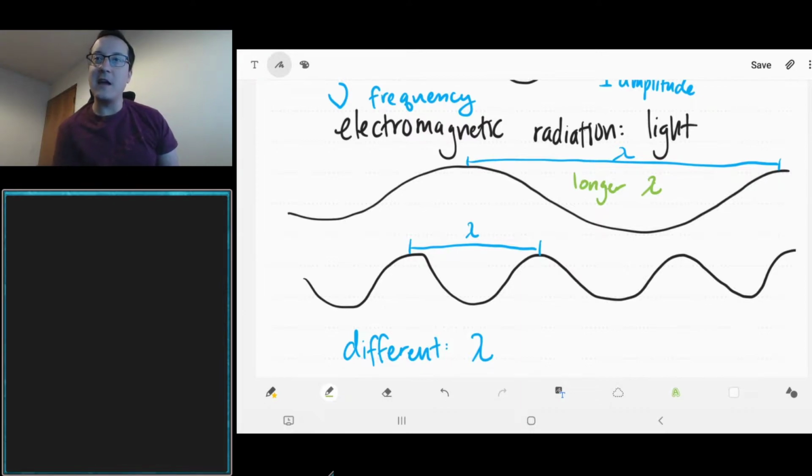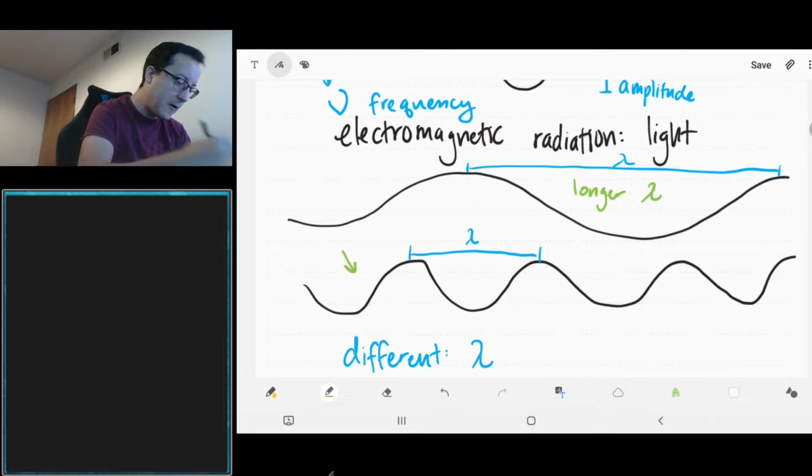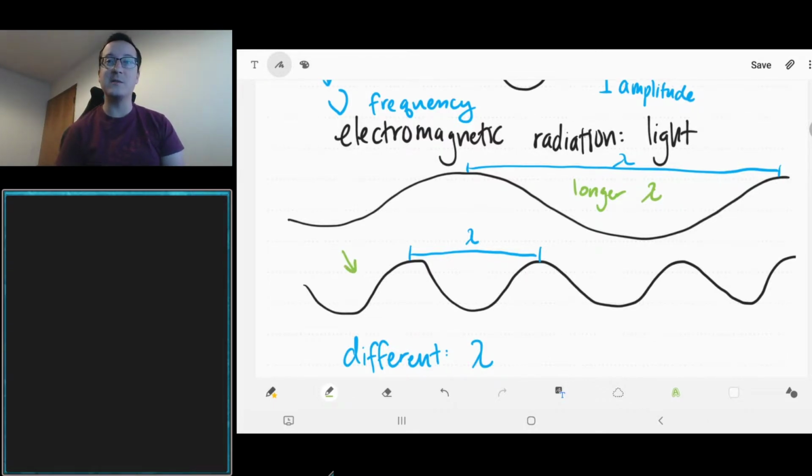Alrighty, and if we imagine these waves are both traveling at the same speed, the speed of light, it's going to be a lot faster for this wave on the bottom to reach those highest points. Since these waves are both moving at the same time, if the second wave has a shorter distance to go, it's going to seem faster, just to get through those wavelengths.